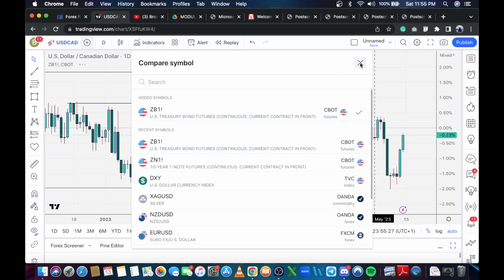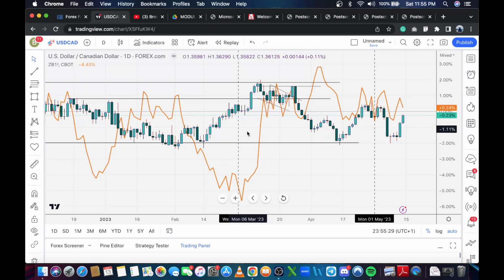interest rates. Okay, so if we are seeing weakness, or if we're anticipating weakness on dollar, what should the interest rate market be doing? Should it be rallying strongly, or should it be consolidating, neutral, or bearish? We want to see it be neutral to bearish.